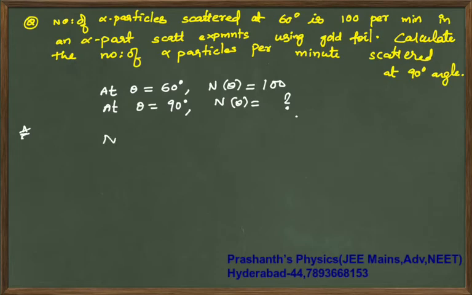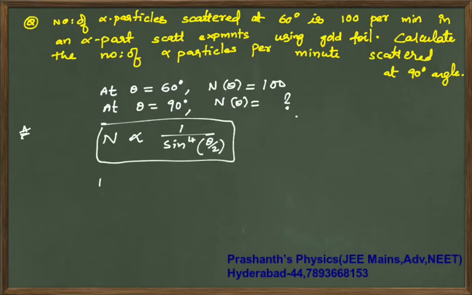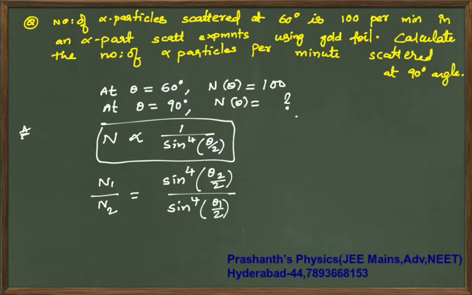We know that n of theta is inversely proportional to sin power 4 theta by 2. From this I can write n1 by n2 is sin power 4 of theta 2 by 2 whole divided by sin power 4 of theta 1 by 2, inverse proportionality. N times sin power 4 theta by 2 is constant, so that is why this is the case.